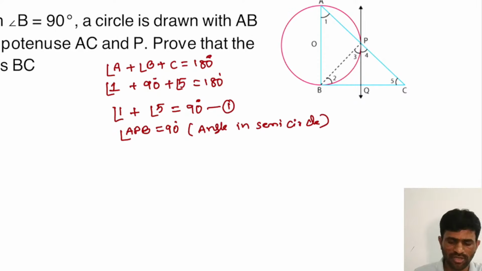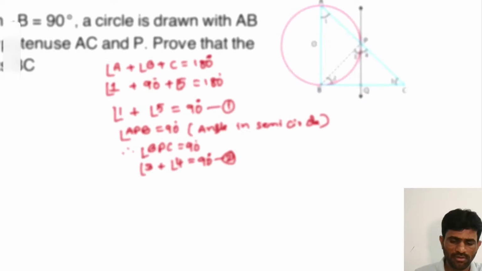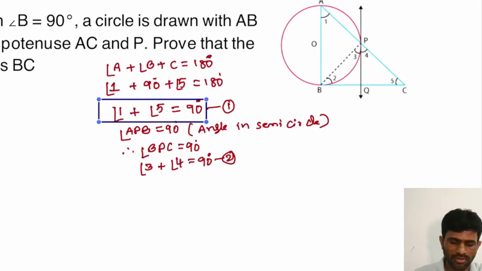Therefore we say angle BPC is also 90 degrees. What is angle BPC? According to the figure, it is angle 3 plus angle 4. So angle 3 plus angle 4 is equal to 90 degrees. This is equation 2.